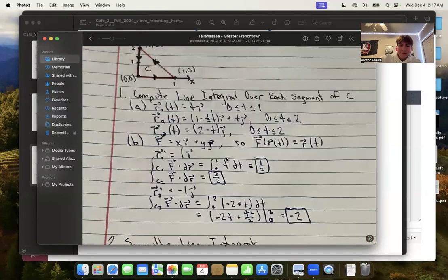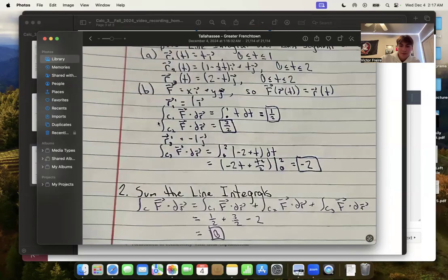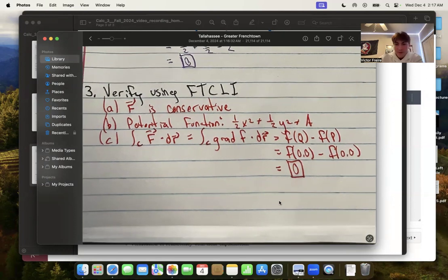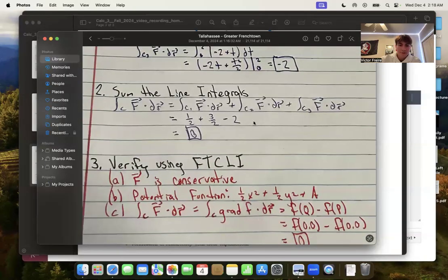But since this is a closed path, we have the same starting and ending point. It's just f of (0, 0) minus f of (0, 0). Anything subtracted by itself is just 0. So we have proved, using this fundamental theorem, that F dot dr is 0, just like our work in part 2 shows as well.